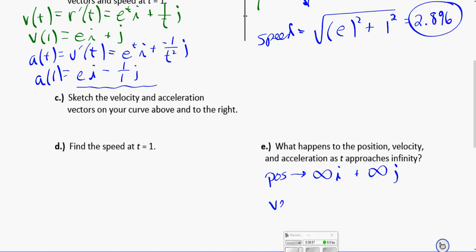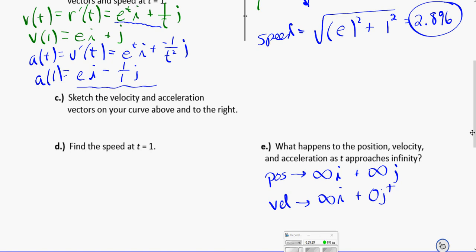The velocity is going to approach, well, when I substitute infinity in here, infinity i plus 1 divided by infinity, 0j, and it's going to approach 0j from above.